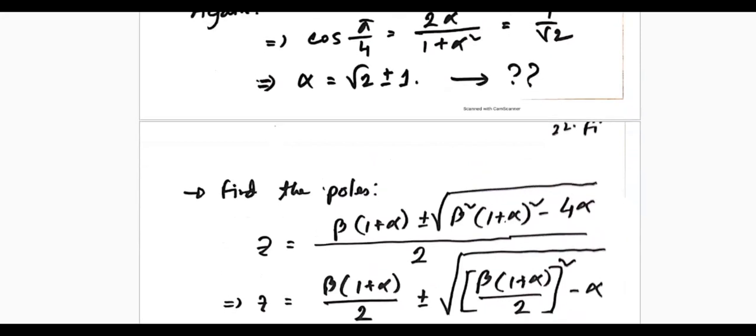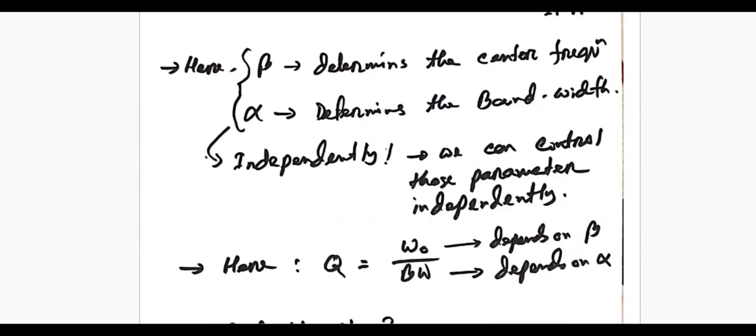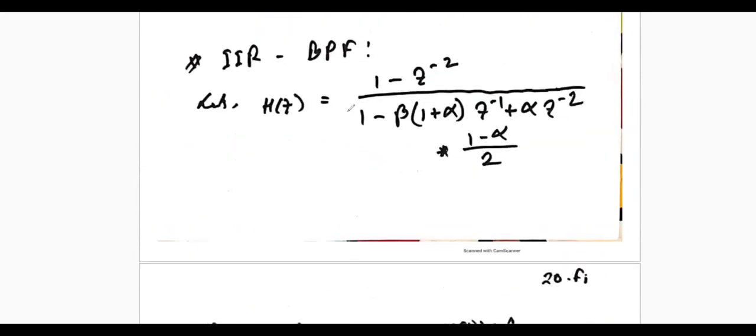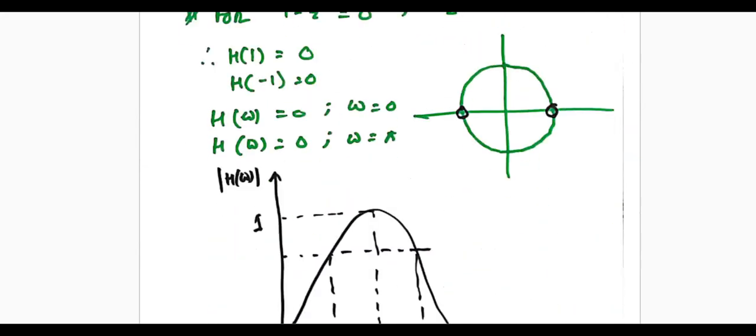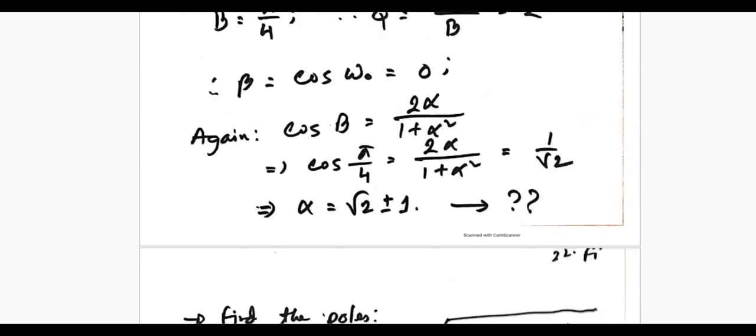To find the pole location, if you can recall the fundamental equation of the filter, we can find that this is our denominator, which is a second order equation. From this you can find two values of z, and these actually give you the pole locations.